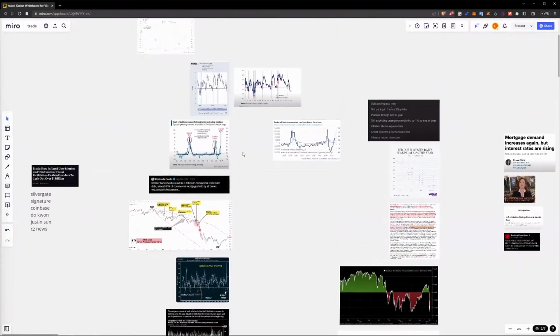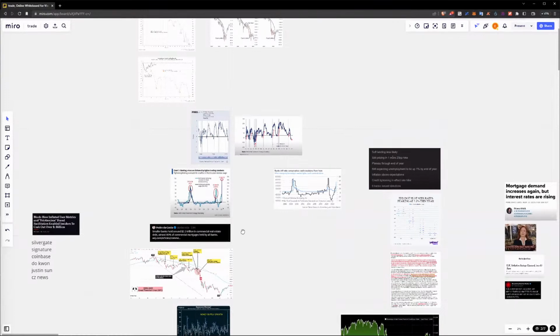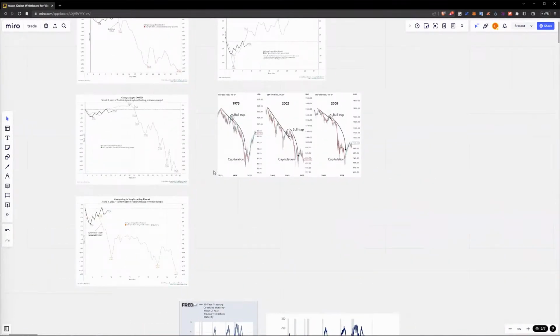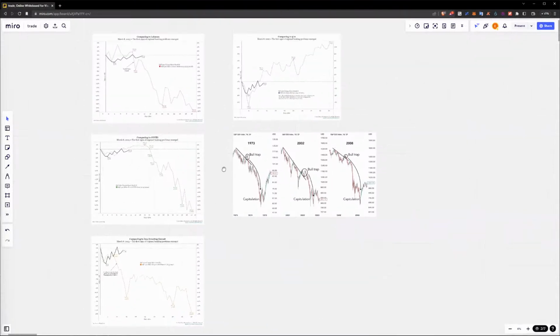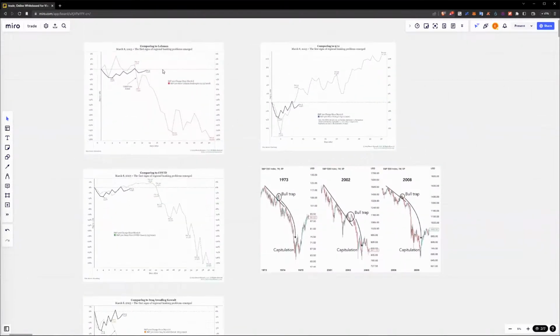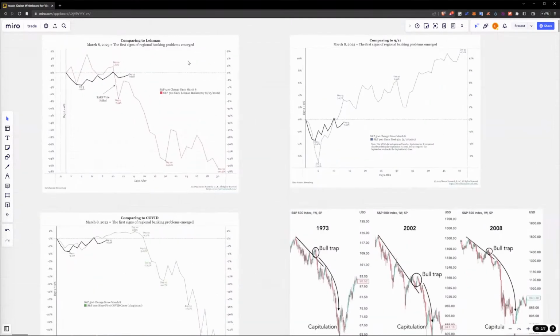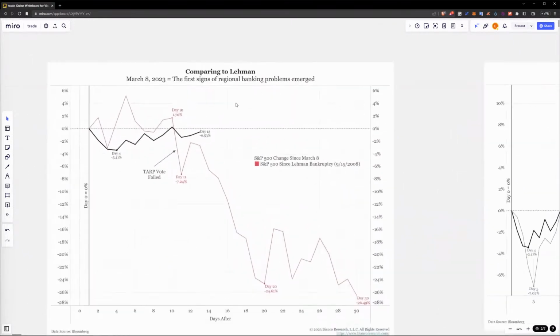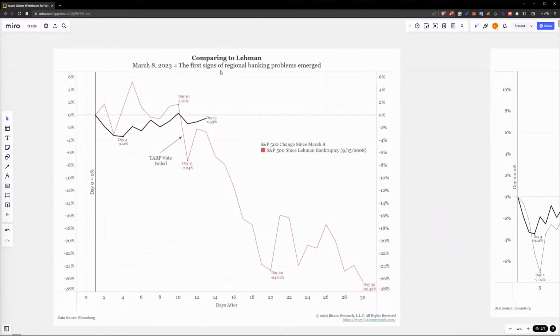And let's continue the bear case a little bit more. So okay, then I came across this good research. Let's see it on the chart, right? This is 2008, Lehman Brothers, and the red is the S&P, and you see this uptick, right?